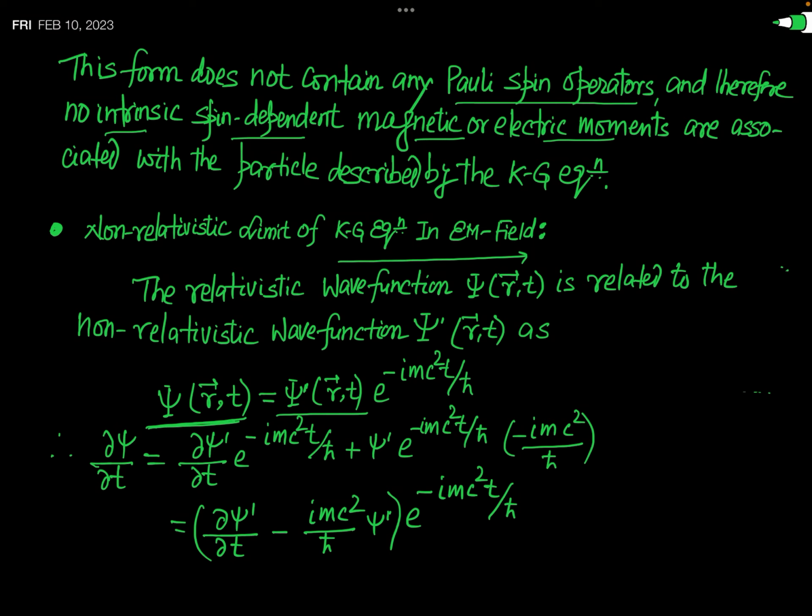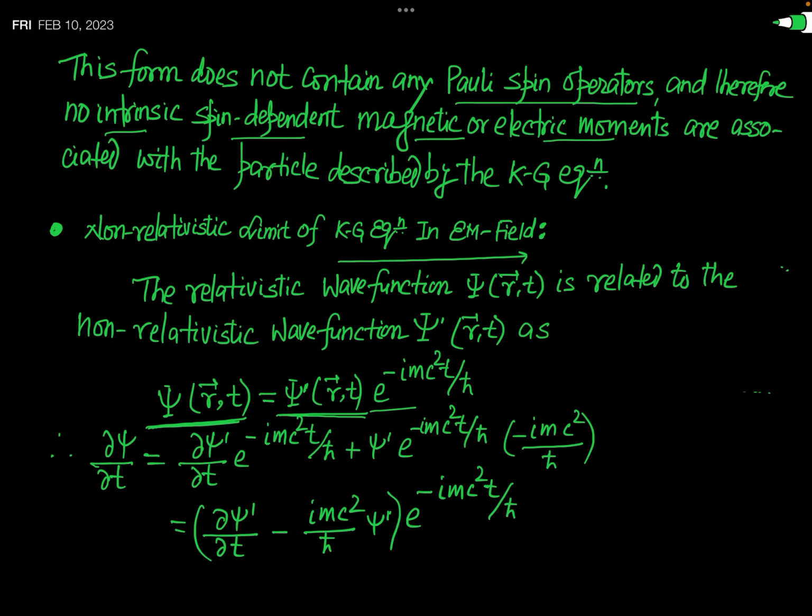You have learnt in the previous lecture that psi of r,t is equal to psi prime of r,t times e to the power minus i m c squared t over h bar. I derived this relation in the previous lecture, and here I am writing it directly because you have learnt it very well.